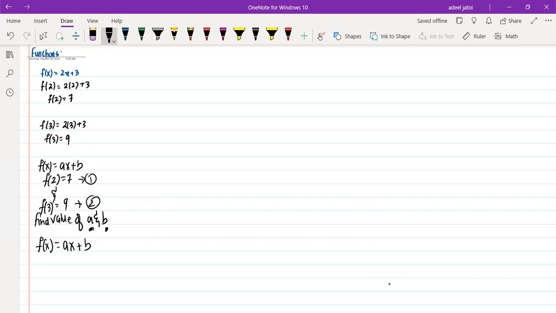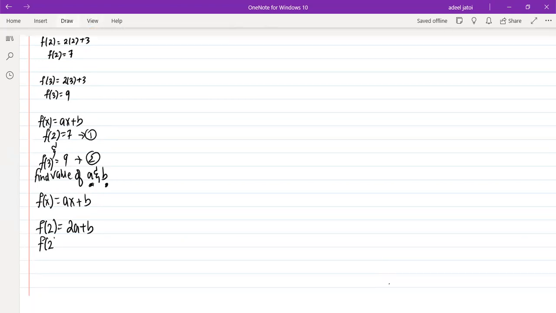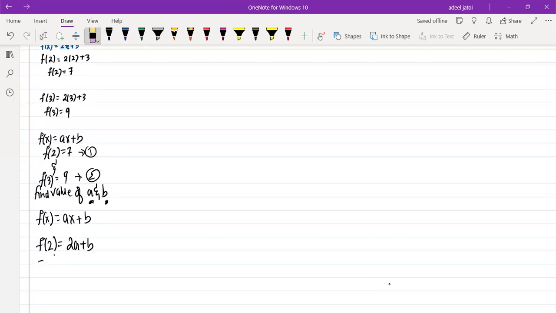So can I particularly say that f(2) is equal to 2a plus b? We can write down 7 in place of f(2). So f(2) is equal to 7, so 7 is equal to 2a plus b. This becomes your first equation.